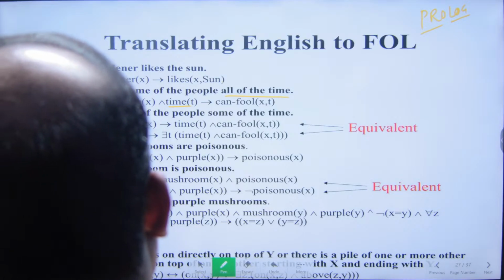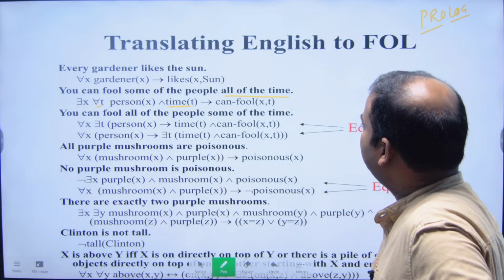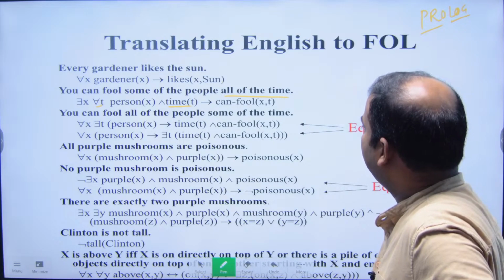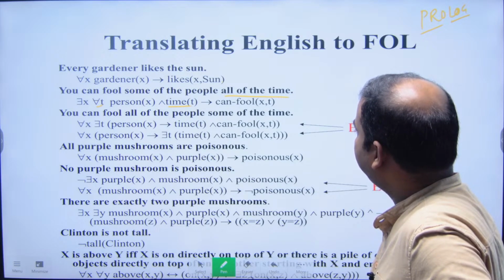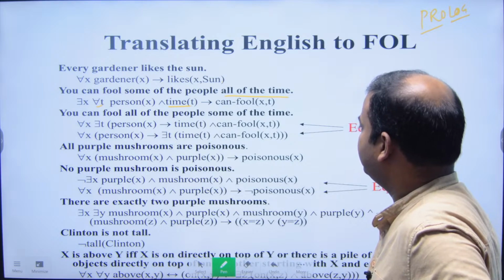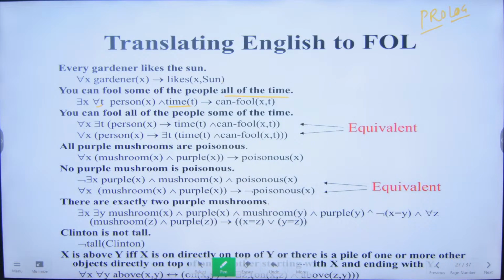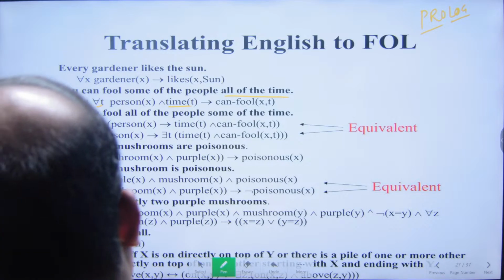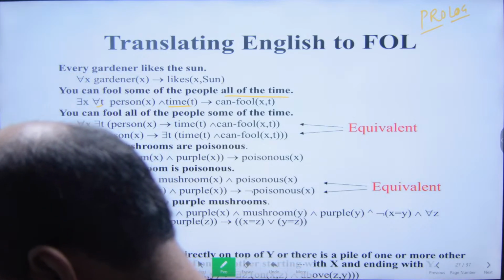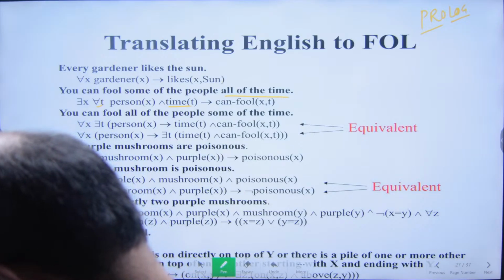You can fool some of the people all the time. So all the time, correct. So actually this is also correct in some form. Some of the people and all the time are joined with and.